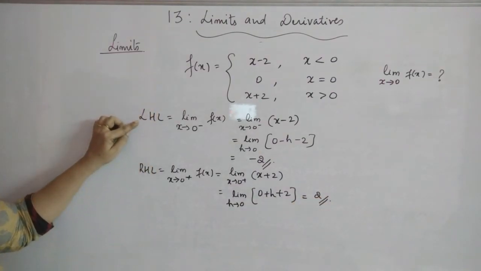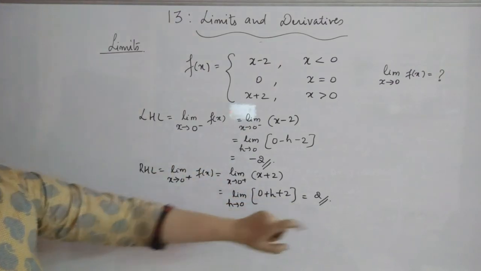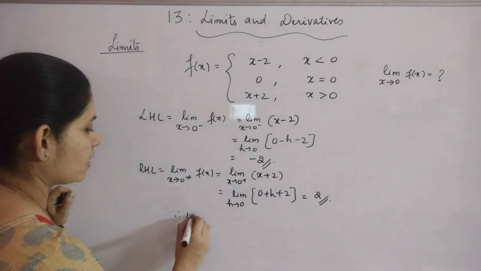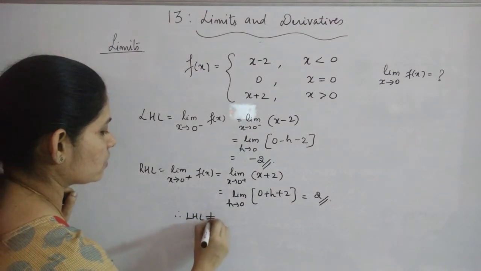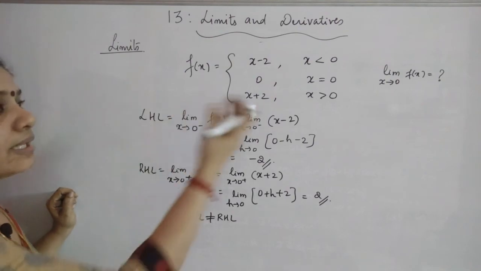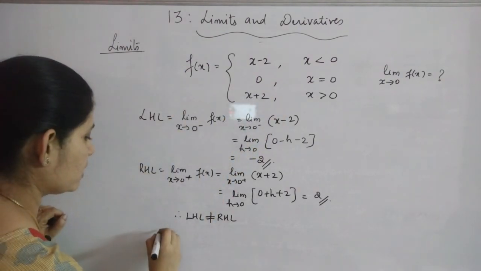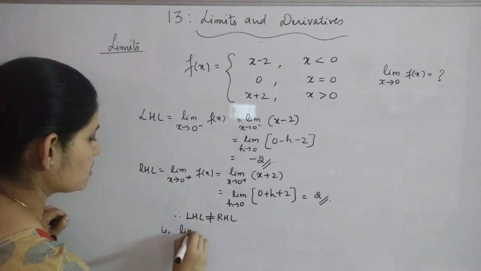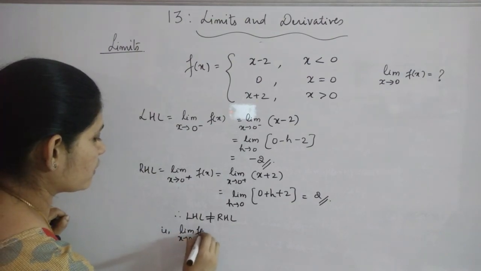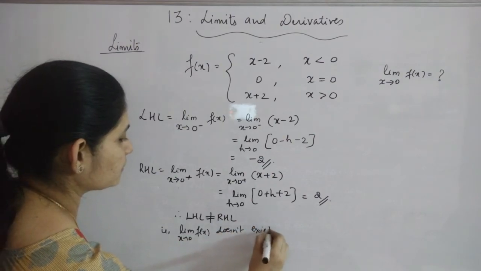So here you can see the left hand limit is minus 2 and the right hand limit is 2. That means the left hand limit is not equal to the right hand limit. Therefore, what is your conclusion? The limit of the function does not exist at x equal to 0, that is limit x tends to 0 of f of x does not exist.